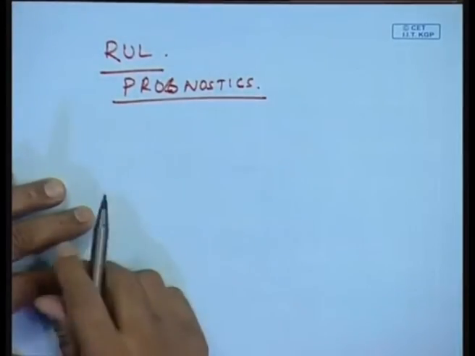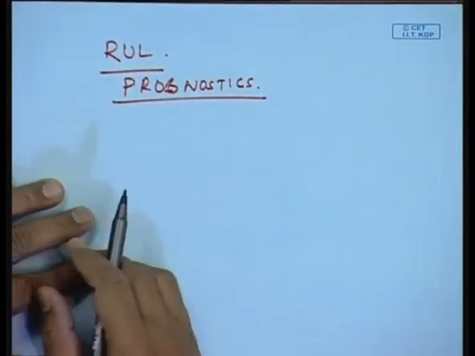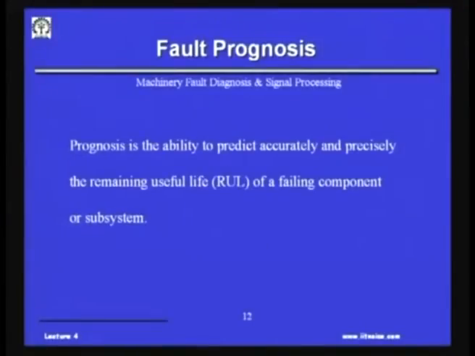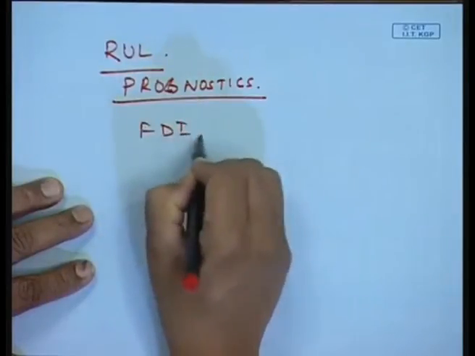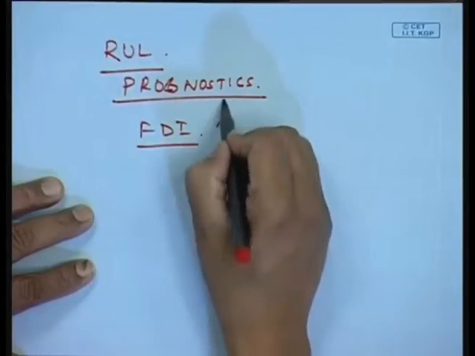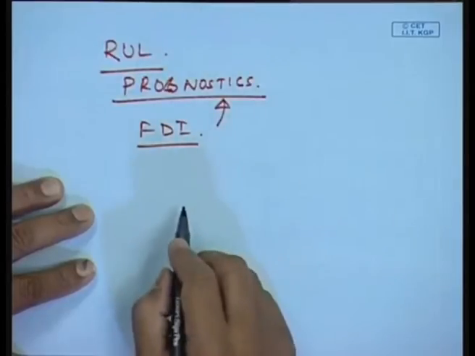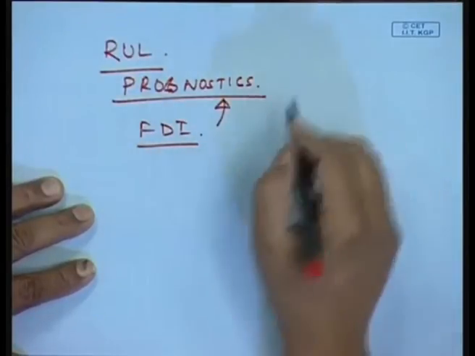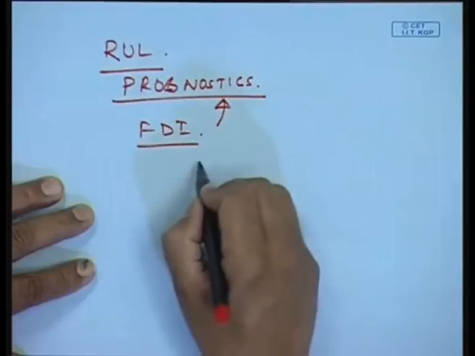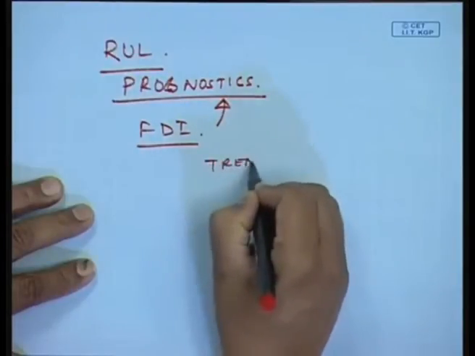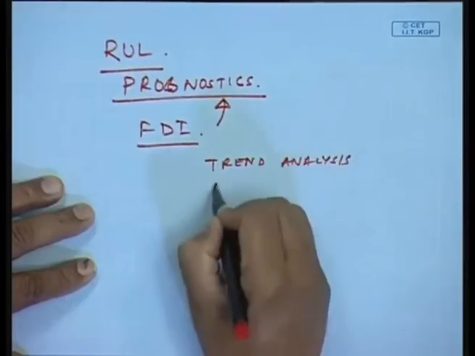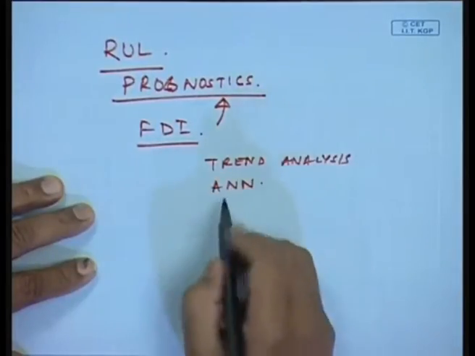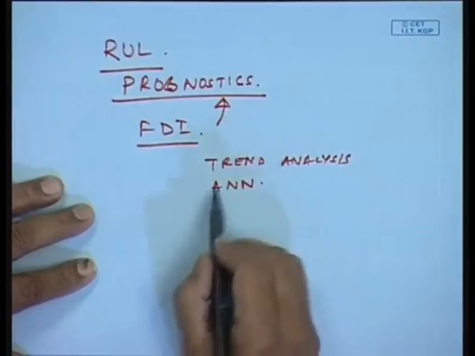So prognosis is the ability to predict accurately and precisely the remaining useful life of a failing component or subsystem, because once the fault has been detected and isolated, the next question is prognostics to estimate the remaining useful life. And all these mathematical tools of trend analysis, artificial neural network, etc. could be used to predict RUL.